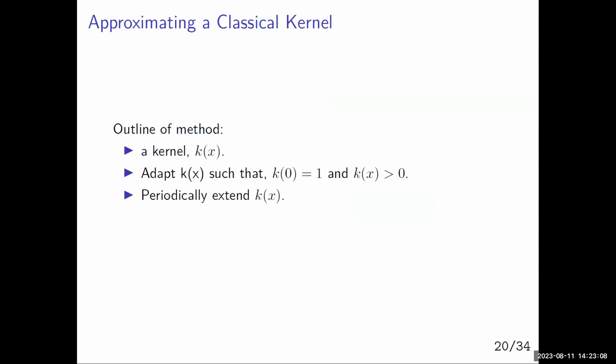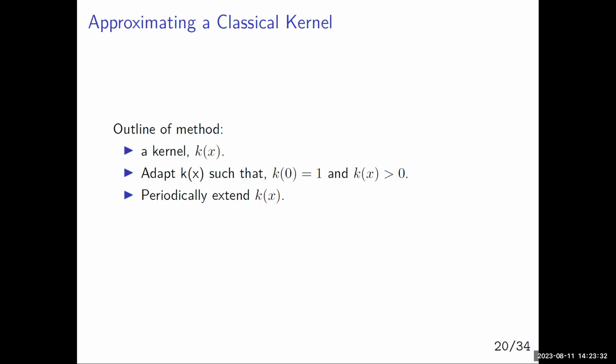Now I'm just going to take you through the process of how you could take any function that fits these parameters and approximate it with a quantum circuit. You select a kernel function, and you just have to make sure that at k of 0, the kernel is equal to 1, and that the function is always positive.